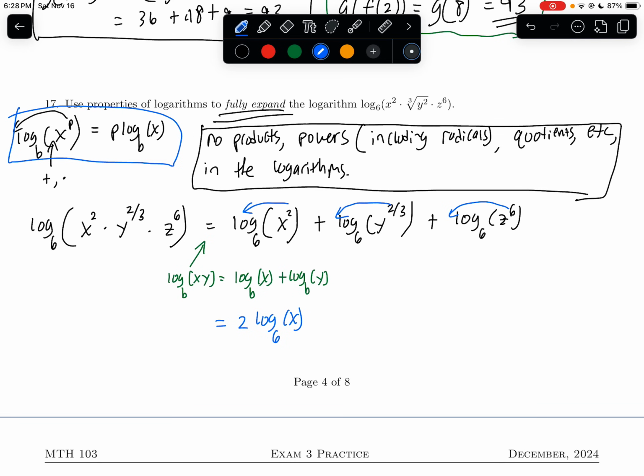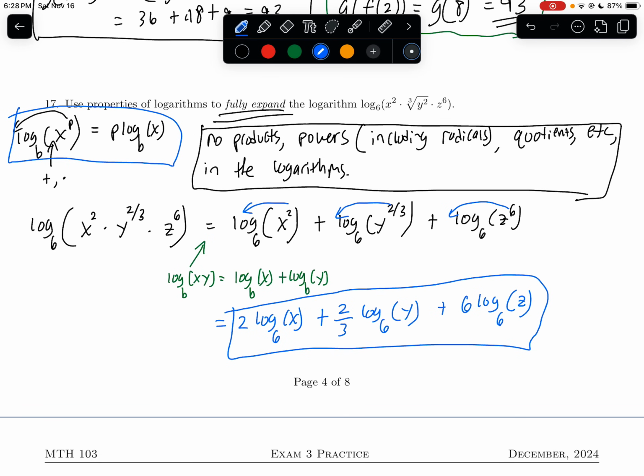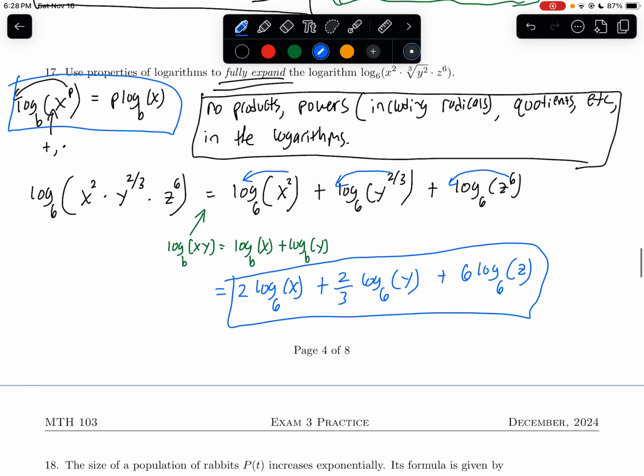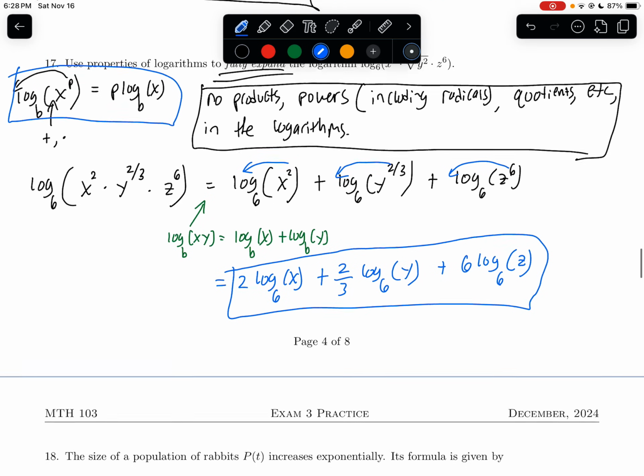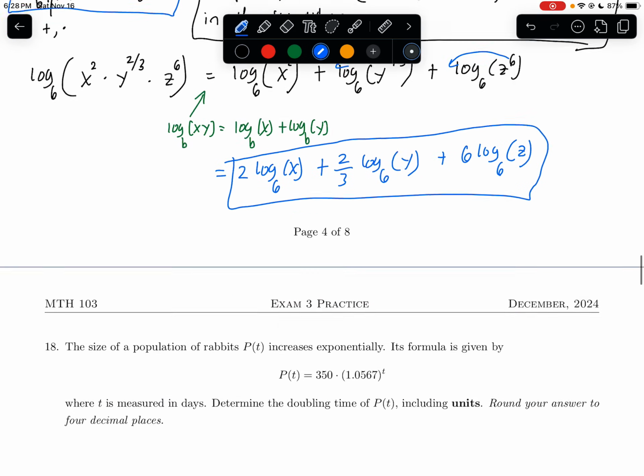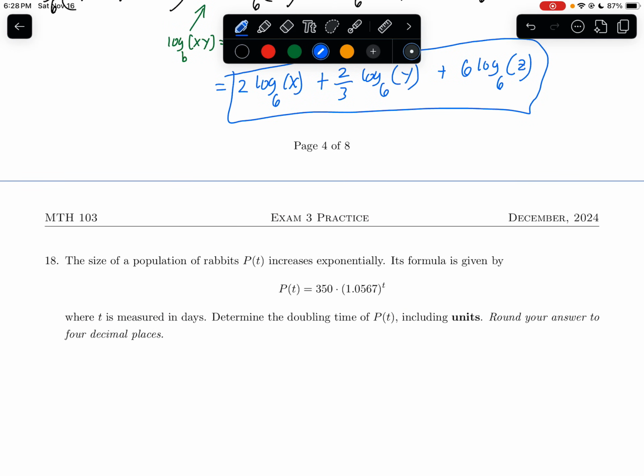I couldn't just have done that from the beginning with how it was written. And then what I'm left with is this, just fully expanded. Each term in the logarithm is only x, or it may just be a number, that's fine. There's no products or powers or radicals or anything like that, and so that's what we mean by fully expanded.